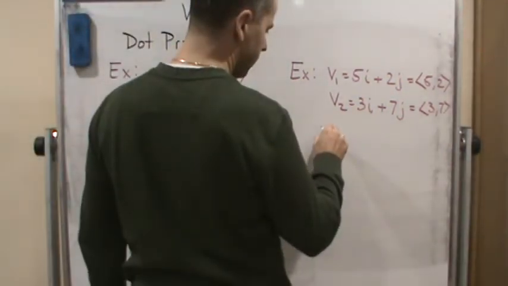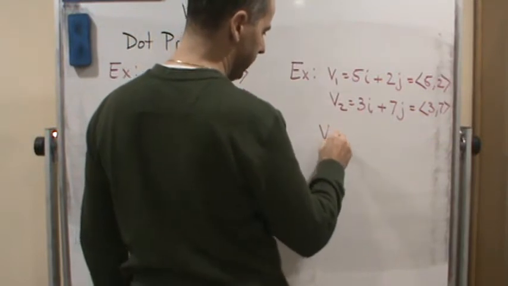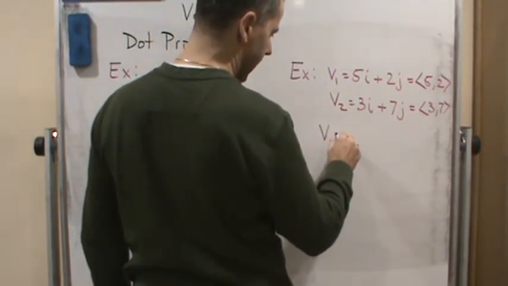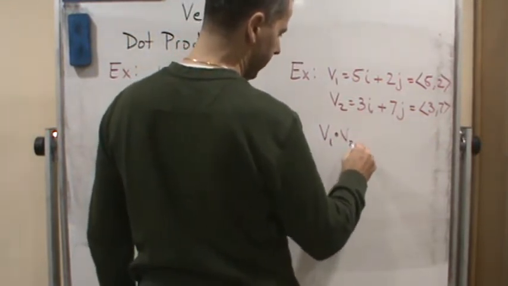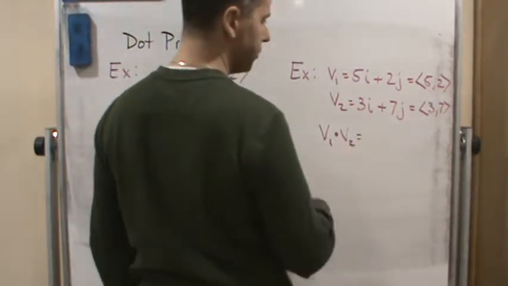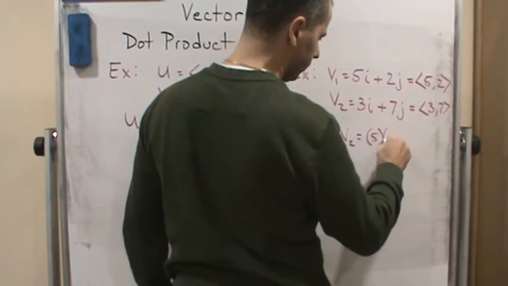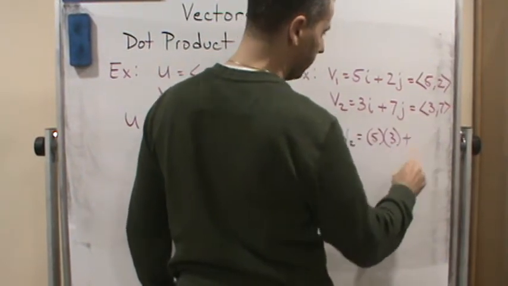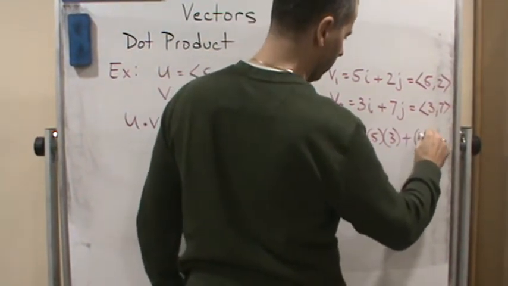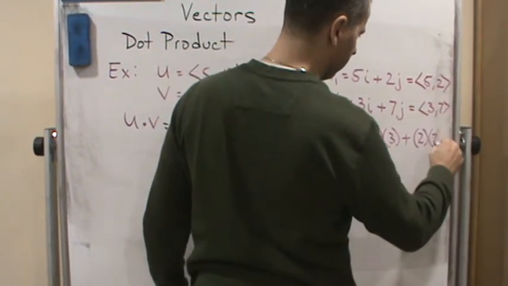It's the same thing. So if I want the dot product of v1 dot v2, then I'm going to just do the same thing. So it's going to be 5 times 3 plus 2 times 7.